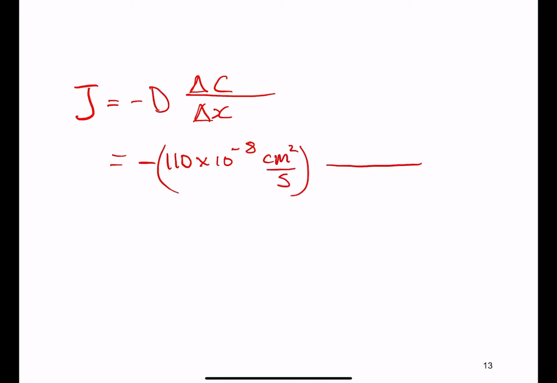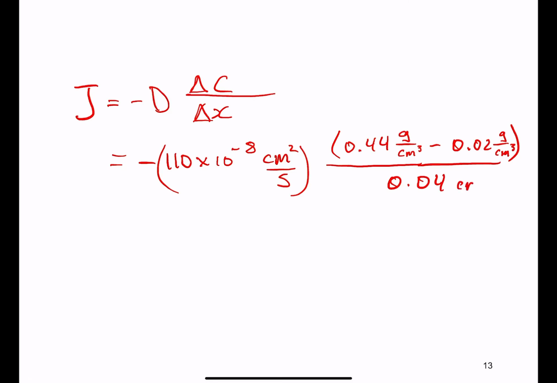And the right portion of the right-hand side is a change in concentration. So we had 0.44 grams per centimeter cubed as a concentration. And then at the low concentration side of the butyl gloves towards your skin, this was a value estimated to be 0.02 grams per centimeter cubed. And the thickness of the membrane is the glove thickness, 0.04 centimeters.